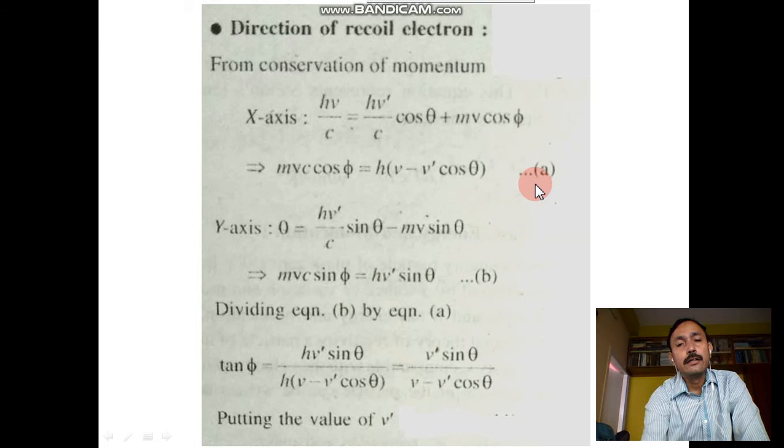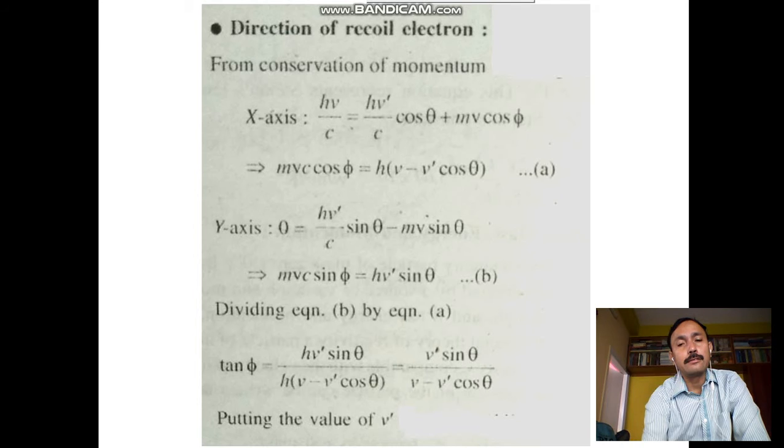Dividing equation B by equation A, mvc will cancel out, and sin phi by cos phi means tan phi is equal to h nu dash sin theta by h times (nu minus nu dash cos theta).